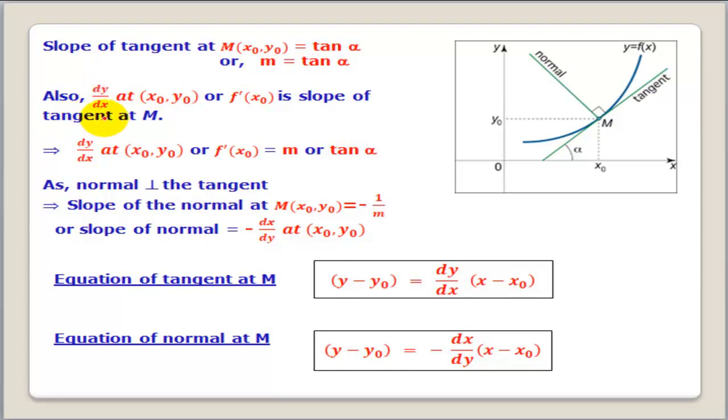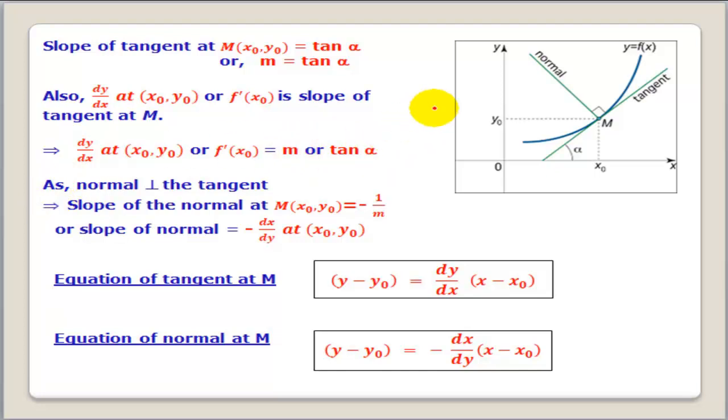Also, as we discussed just now, if we are differentiating this curve with respect to x, the equation of the curve is y is equal to f(x), so derivative of y with respect to x will be f dash x. Now if we evaluate this derivative at this particular point M, then dy over dx at (x0, y0), or f dash x0, will also be denoting the slope of the tangent at M. So we can say that dy over dx at this particular point is equal to tan alpha, or it is equal to m.